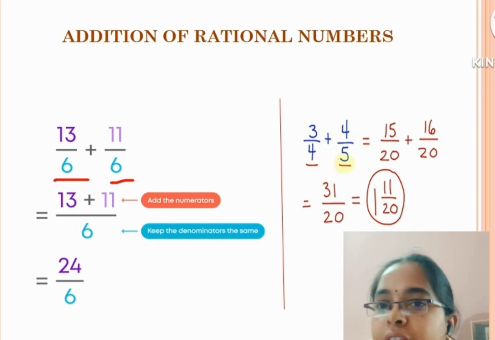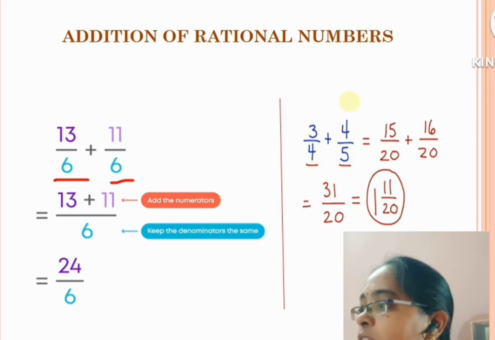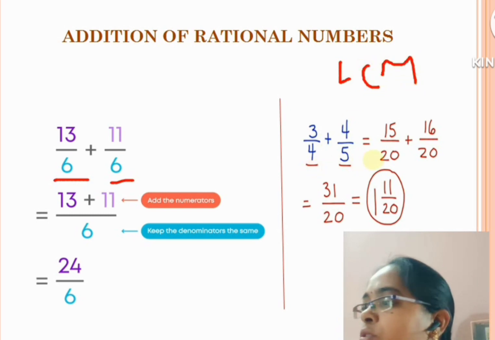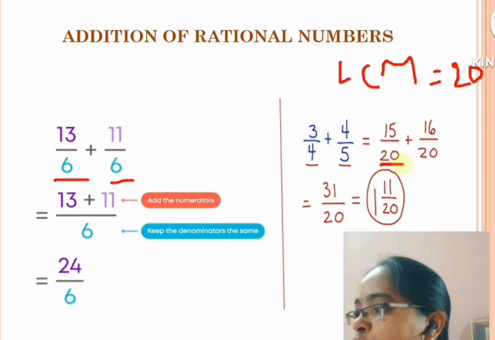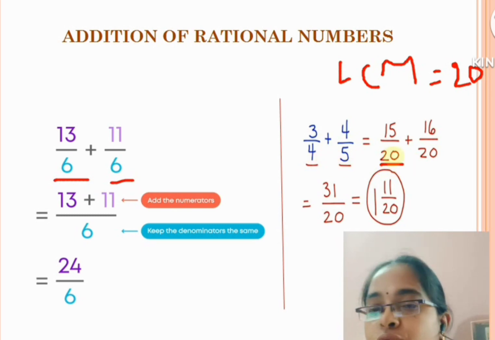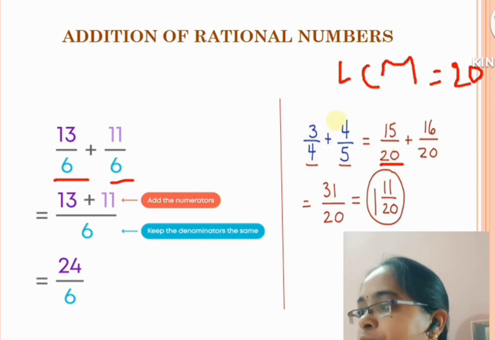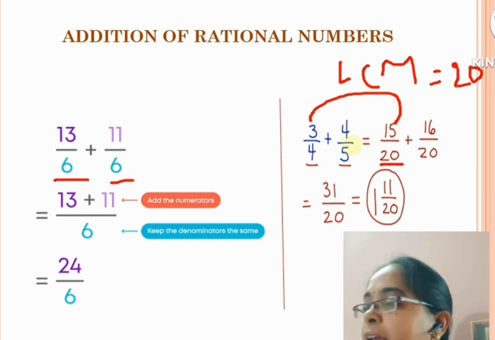Now see the second case. What if the denominators are different? If you observe 3 by 4 plus 4 by 5, here the denominators are different, 4 and 5. So in this case, we need to take the LCM of 4 and 5, which is 20. I need to write an equivalent fraction of 3 by 4 with the denominator 20.